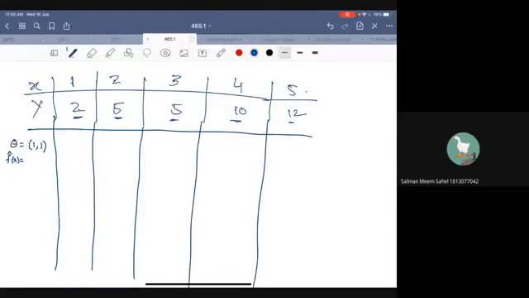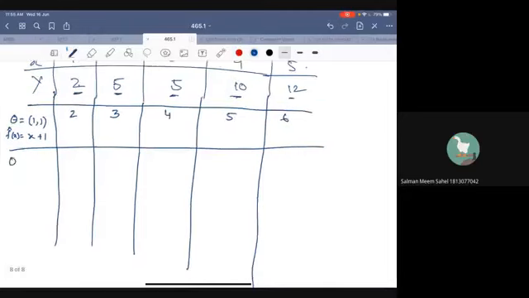X plus 1, sir. It would become x plus 1. Right. So if it is x plus 1, then what are my estimated values of y? 2, 3, 4, 5, and 6.